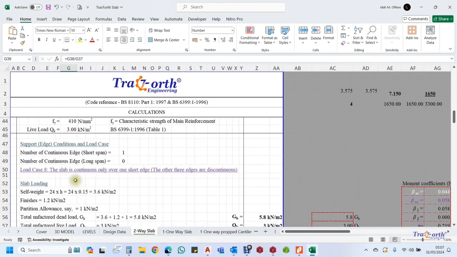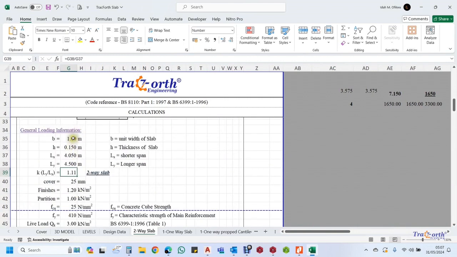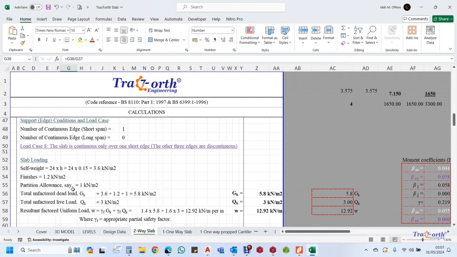So now, what are the uses of all this information? That's the next thing we'll go to. In the calculation of the loading, what are the loads coming on the slab? So the first, number 1, is your self-weight. The self-weight here is now 24 times the thickness of the slab.